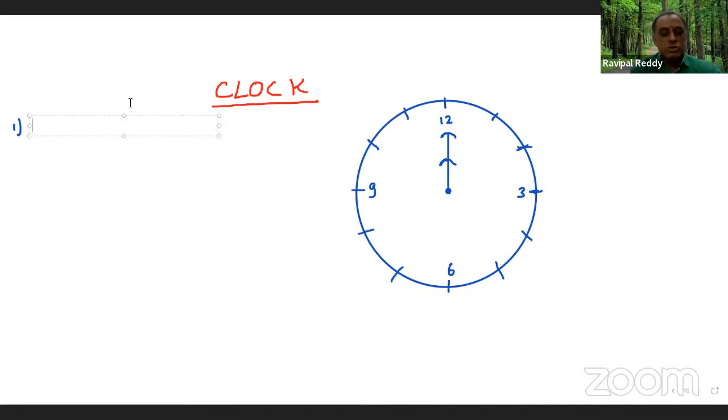So first point, please write the first point.